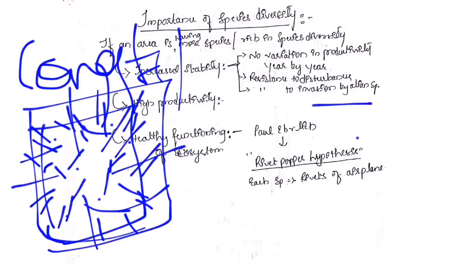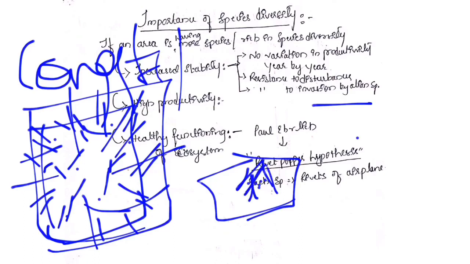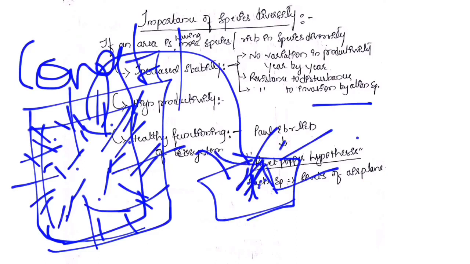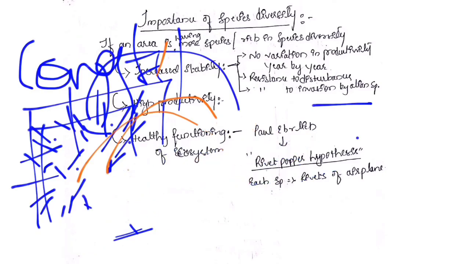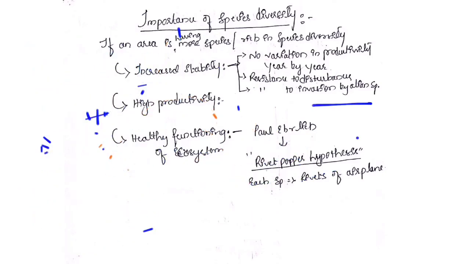A very useful plant which is growing within this habitat should not allow alien species. We should not allow this Parthenium to come and grow within this habitat. It should show some resistance. If this habitat is showing resistance, then it is more stable.